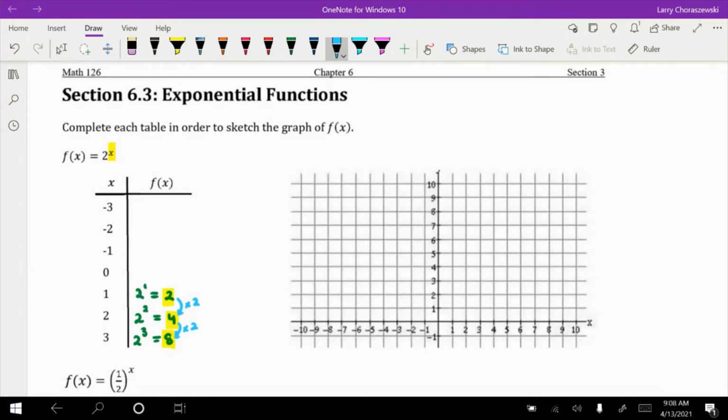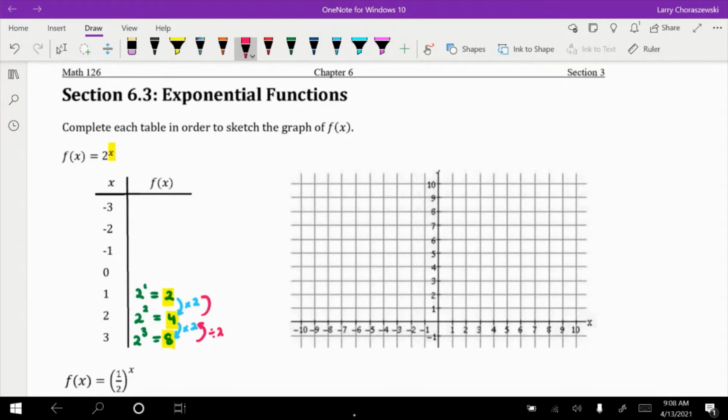So multiplication by 2 is how you get from one y value to the next as you increase in the x values. But what rule would take us in the other direction? So for instance, if we were to start at 8 and then go to 4 and then go to 2, you would have to do division by 2. So to go from 8 to 4, we divide by 2.